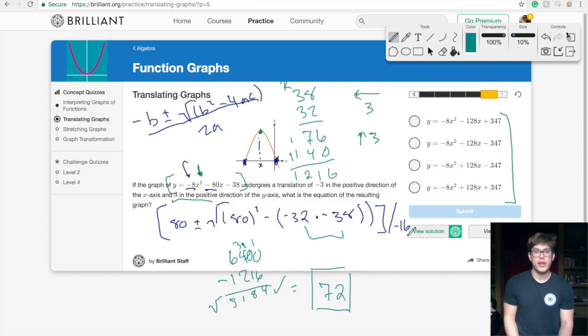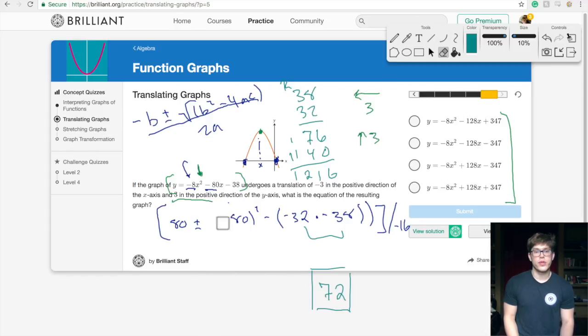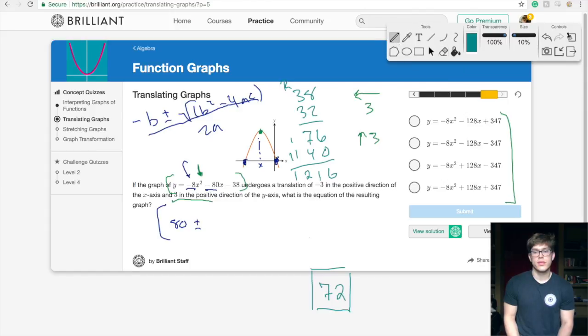So what do we have? Let me clear up some space. So this square root simplified to 72. So what we have now is 80 plus or minus 72 all divided by negative 16 is our roots.